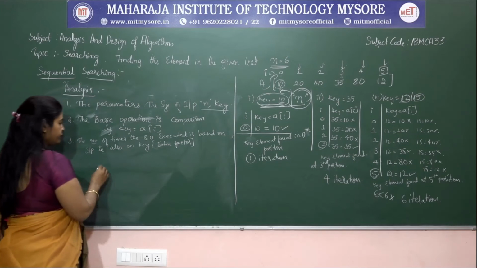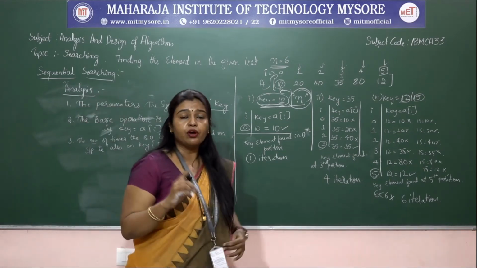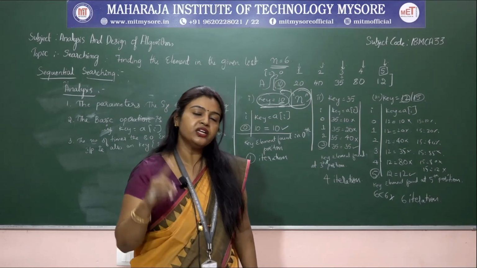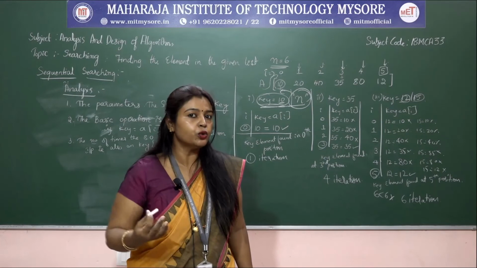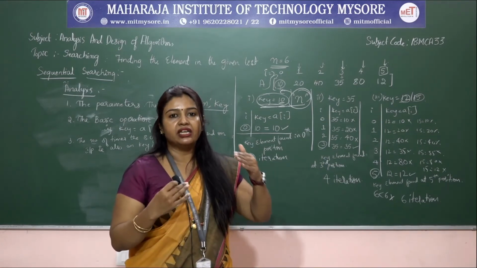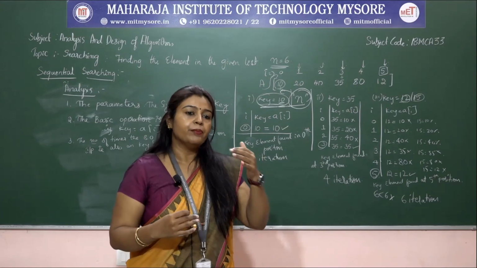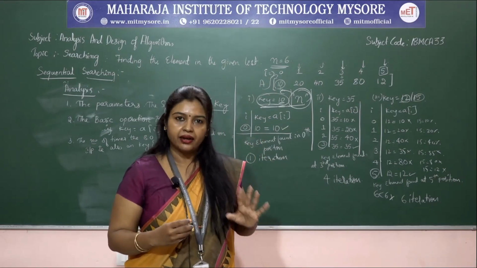Okay. So what we need to do? If the number of times the basic operation is executed is based on input as well as on the extra factor, it means we need to calculate the time efficiency for the given algorithm in the best case, worst case and average case separately, right?